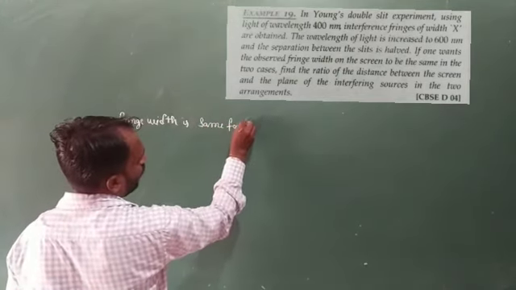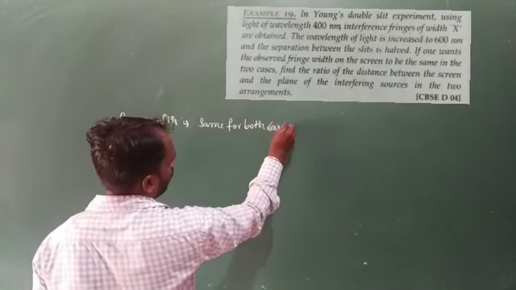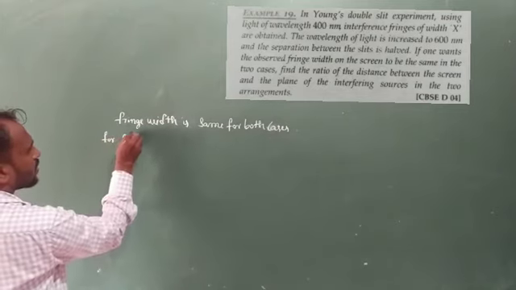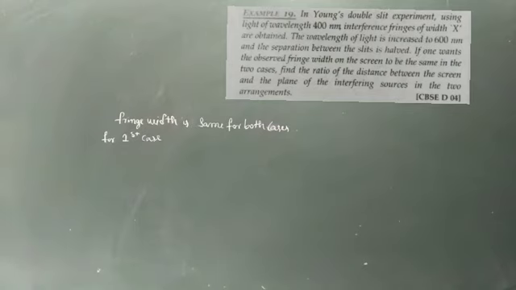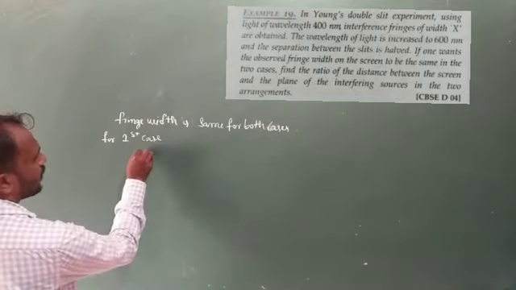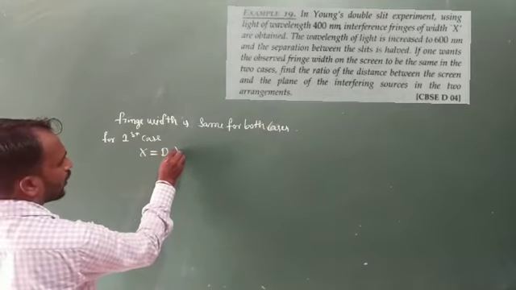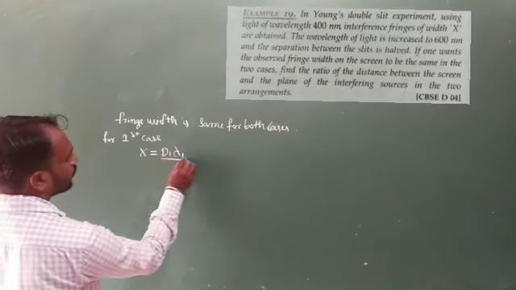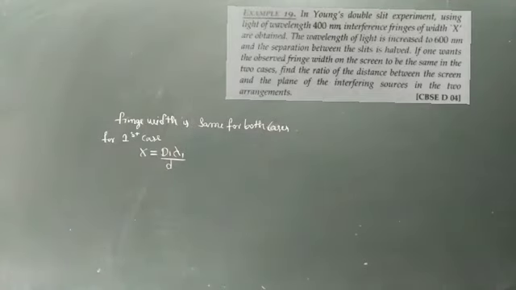For the first case, x is equal to D1 into lambda 1 divided by d. So that is the fringe width.